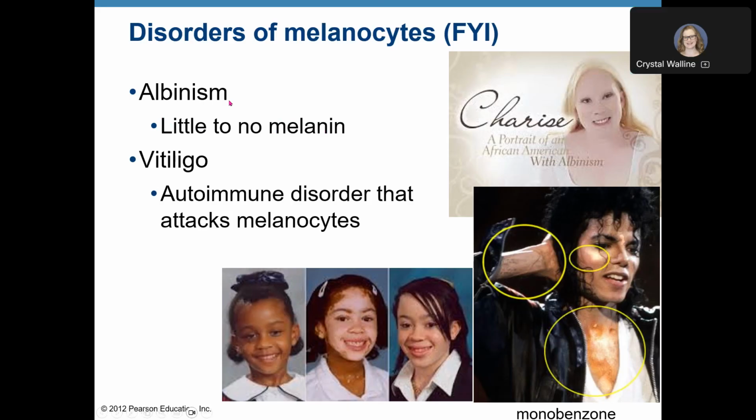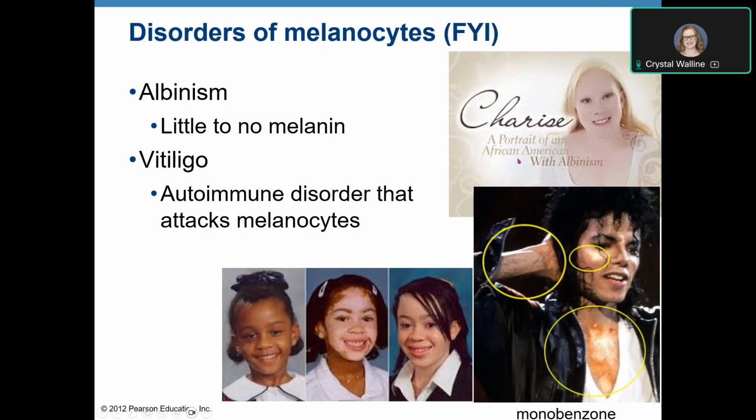Albinism can vary quite a bit in terms of its phenotype or severity. Some people produce absolutely no melanin. Some people produce varying amounts of melanin. Some people lack melanin in certain parts of their body, like their skin, but they will make some melanin in other parts of their body, like maybe their hair or their eyes.